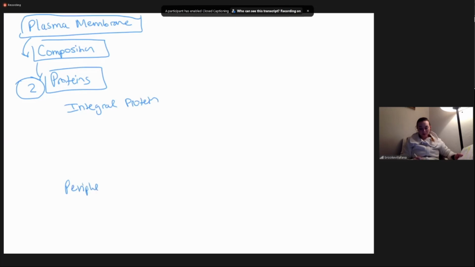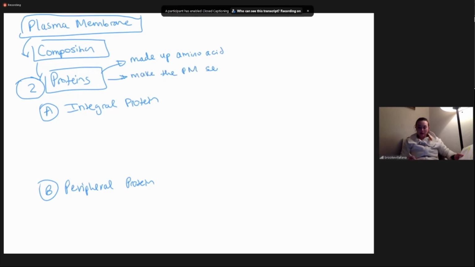So those are the two types of protein. So proteins, just a few little sub details here. Proteins are made up of amino acid, okay? Proteins are what make the plasma membrane selectively permeable. So remember how we talked about the plasma membrane is selectively permeable. Certain things can come into the cell and certain things can't. So that's because of proteins.